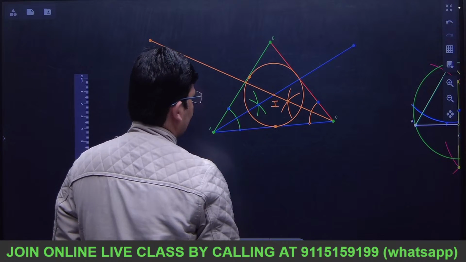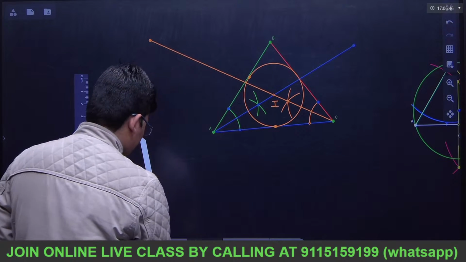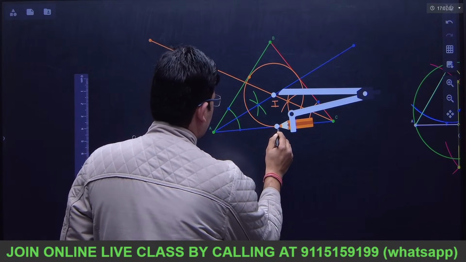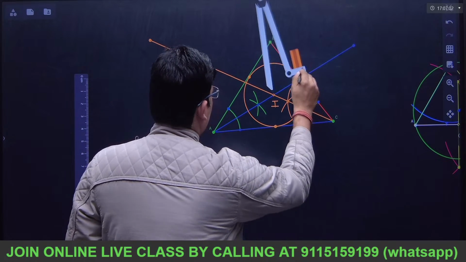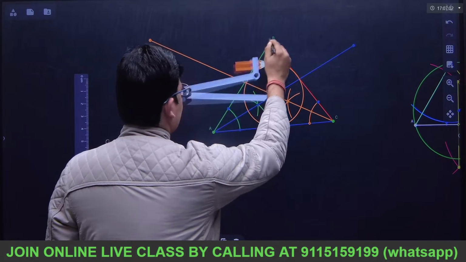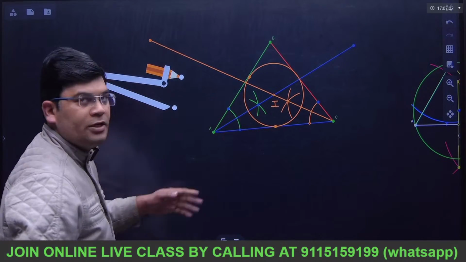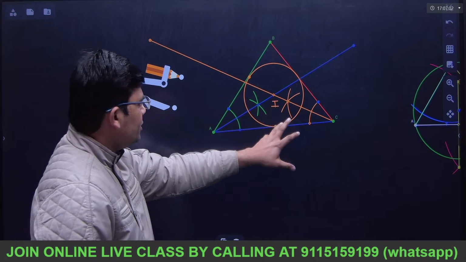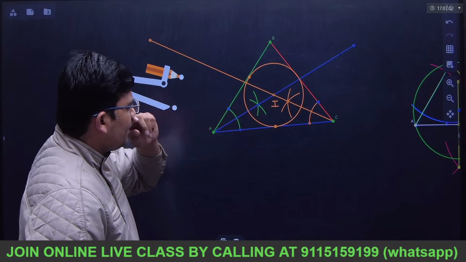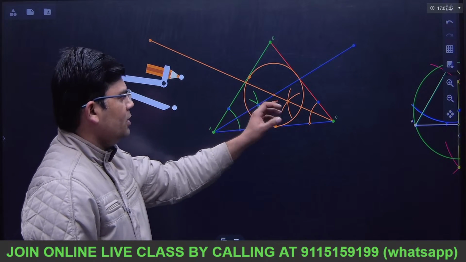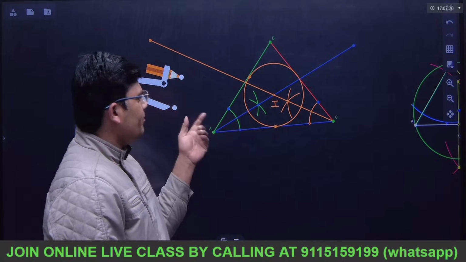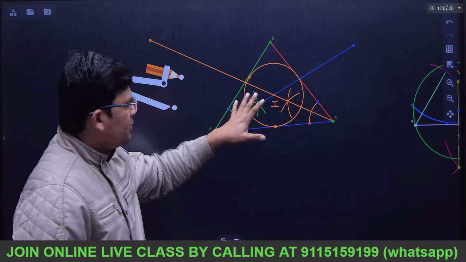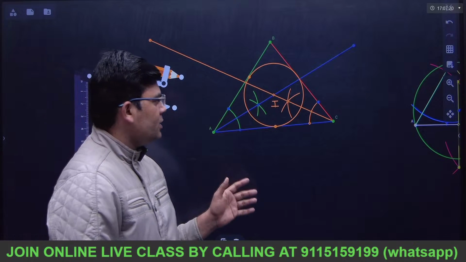Now let me take this radius, and I'm going to draw a circle. You can see that the circle is just touching all the three sides. If there is any mistake, that might be because of slight measurement errors of the compass, but more or less we can say that this is the center of the circle, which is known as the incenter.